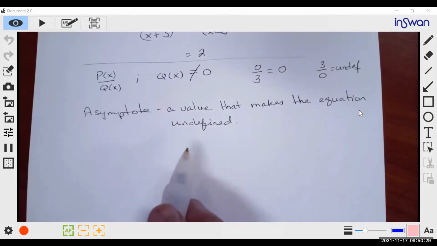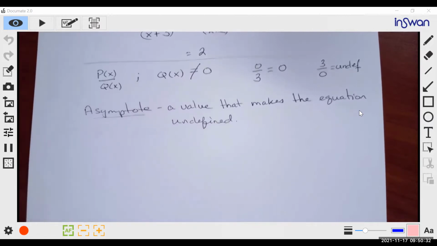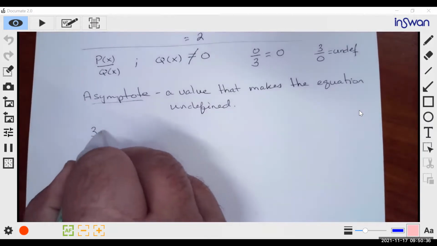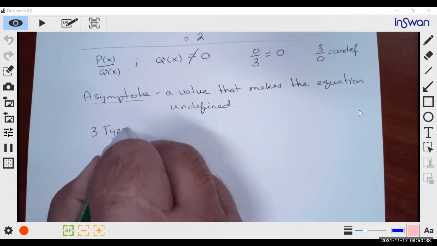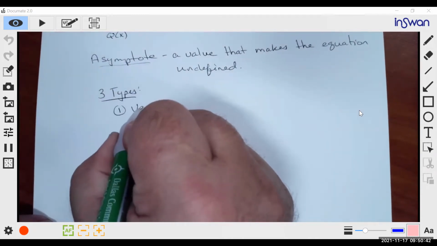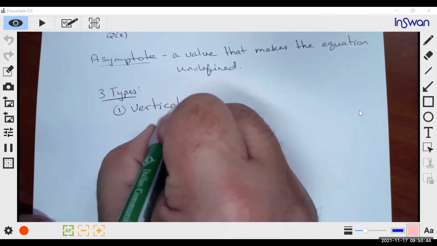All right, so that's what an asymptote is. We have 3 different types of asymptotes. First one, it's called a vertical asymptote.